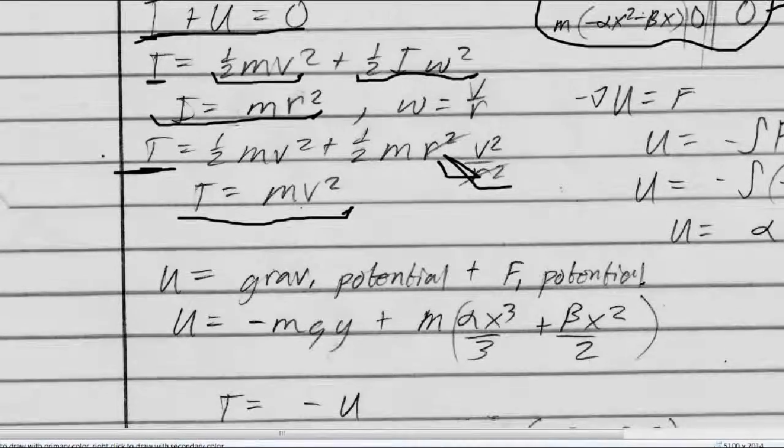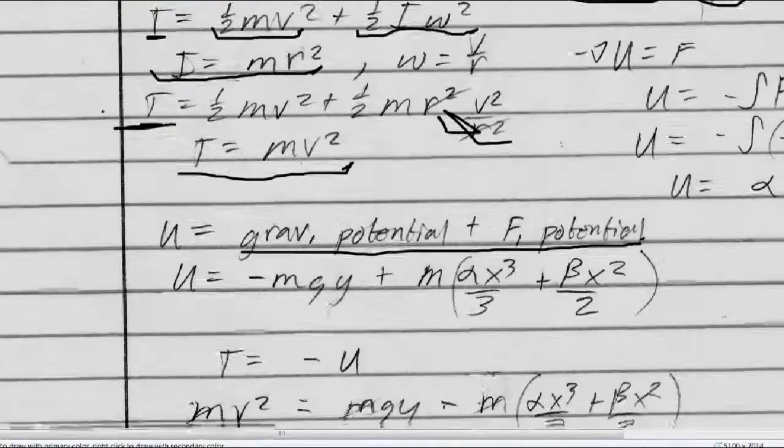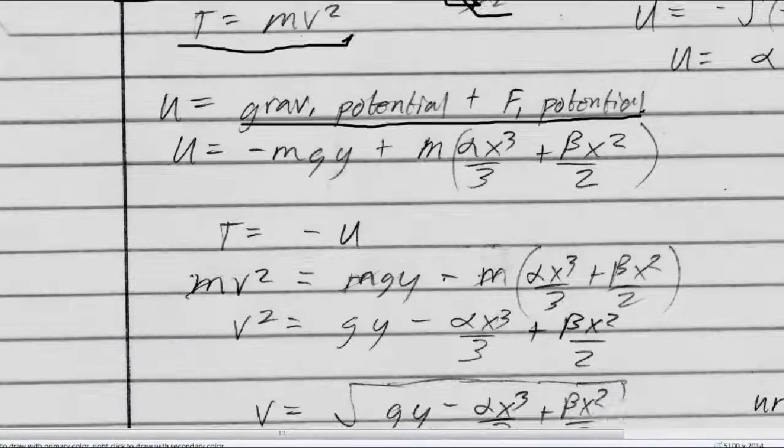And then we need to find the potential of the system. For potential, we have gravitational potential, and we have that other force's potential. If we add those together, we have the total potential.